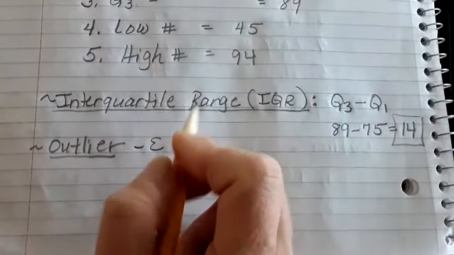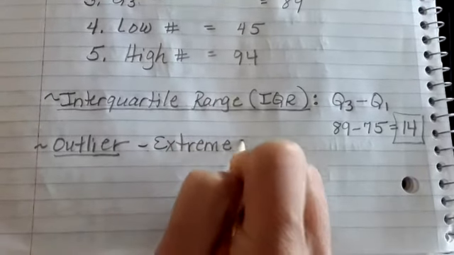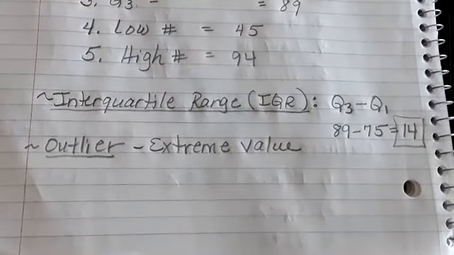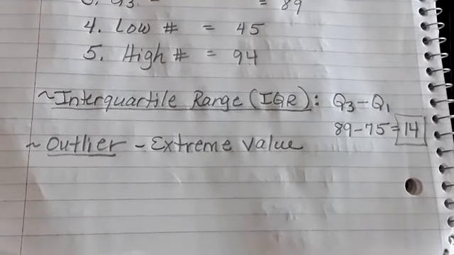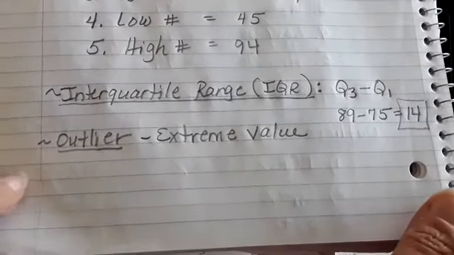Very low or very high. Now, there are some numbers that may not look like they're outliers, but they are. Or sometimes you'll have a number that does look like an outlier, but it isn't. So there's actually a mathematical way that you need to determine if a value is an outlier.